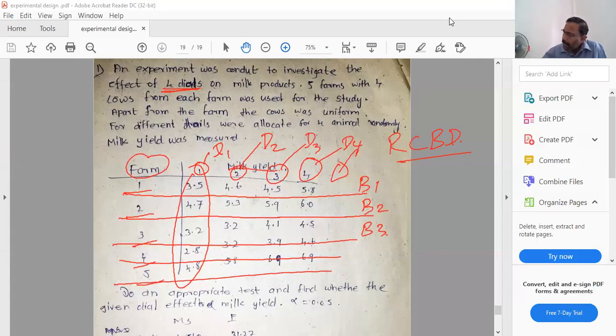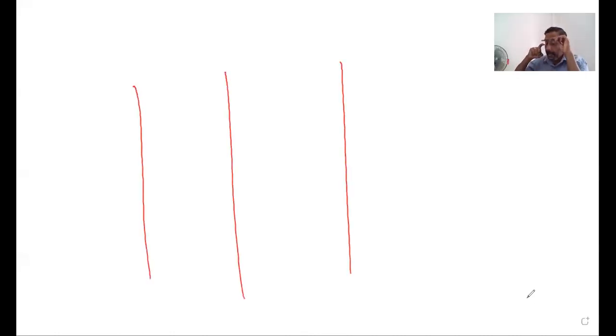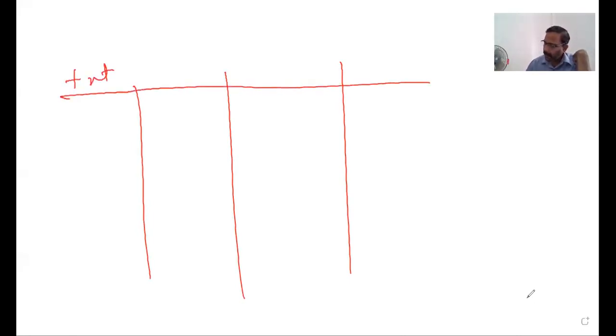So how could we enter the data? Let's say in simple form. For example, we can enter the data as treatment, block, and milk yield. I'll put it as yield.